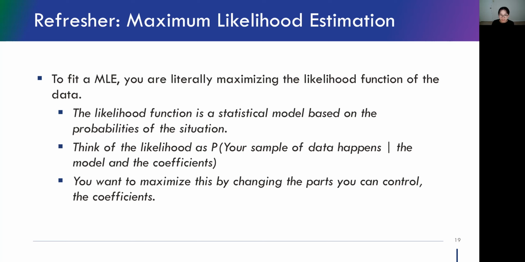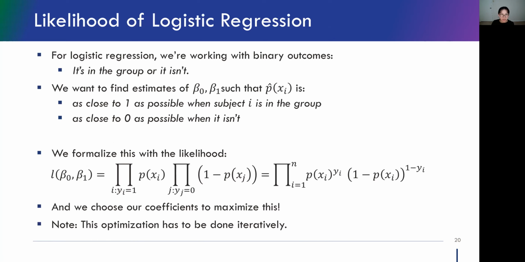You can think of your likelihood as the probability of your sample of data happening given the model and the coefficients, basically the whole model. And you want to maximize this probability by tuning the parts that we can control, which is the coefficients inside the model. So this is the basic idea of maximum likelihood estimation.